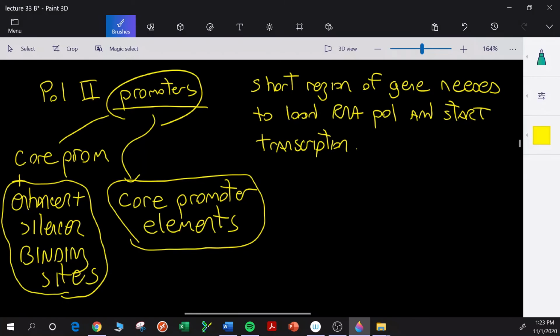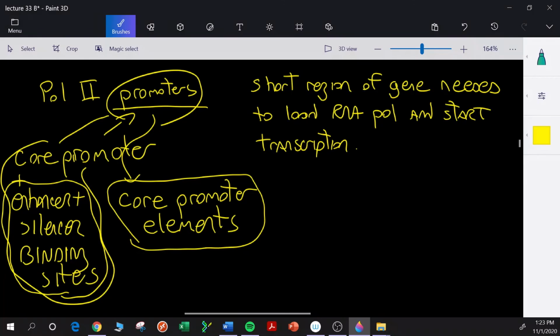So we're going to call that the core promoter, just that minimal sequence of DNA needed to get RNA polymerase into the right spot to start transcription. More broadly, a promoter could include lots of other things, including elements that increase or decrease the rate. So we're going to focus on the core promoter elements in this lecture.